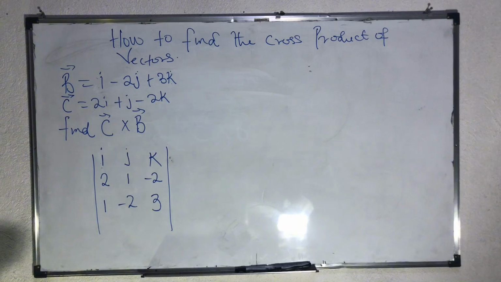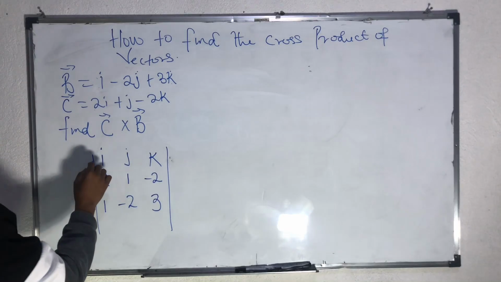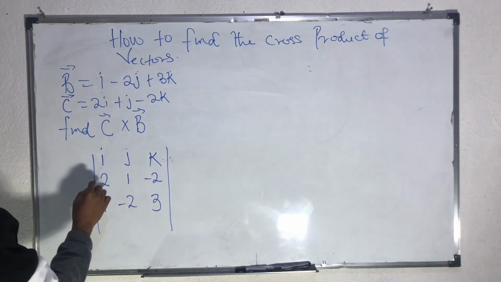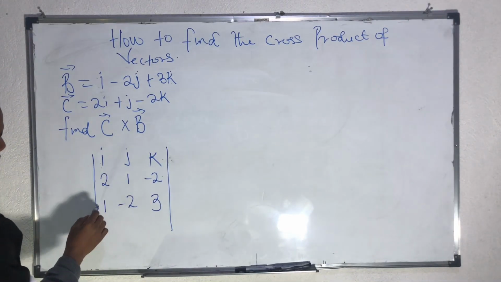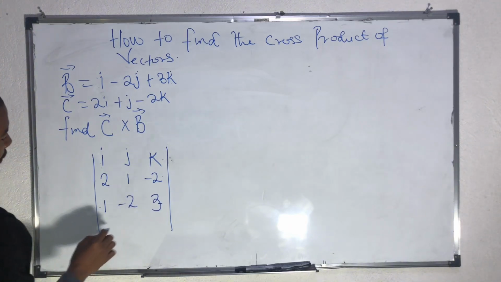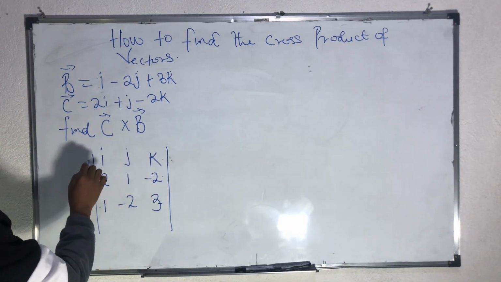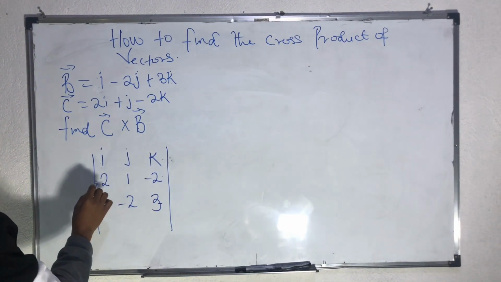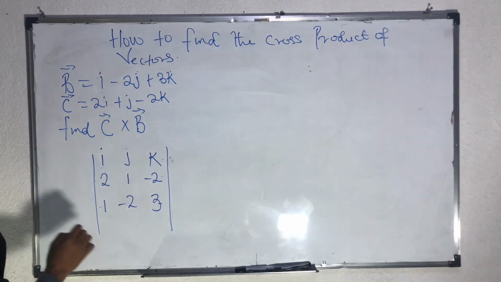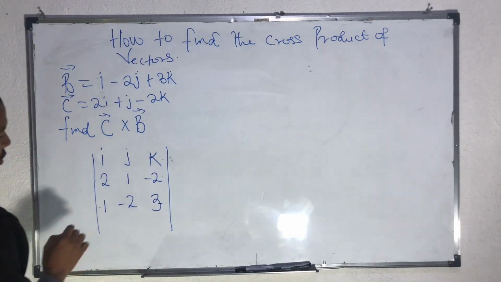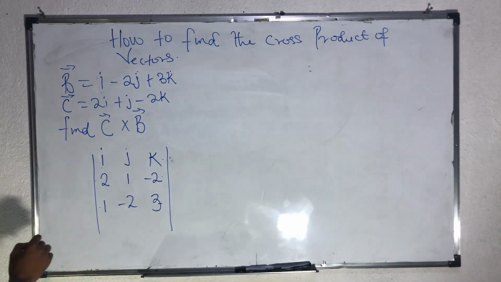Now we have formed what we call a 3 by 3 matrix. What makes it a 3 by 3 matrix? We have row 1, row 2, row 3. These are our rows. i, j, k is row 1, 2, 1, -2 is row 2, 1, -2, 3 is row 3. Let's now go for the columns.